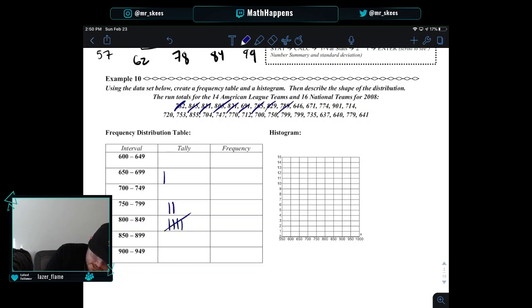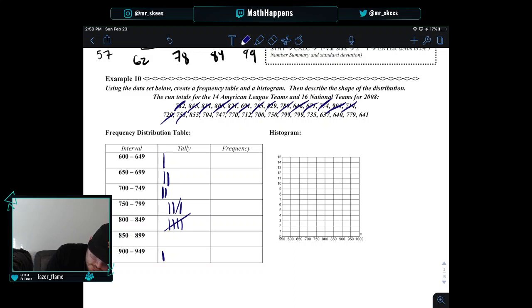That's 5. 789 goes here. 646 goes here. 767 goes there. 774 goes there. 901 goes there. 714 goes there. 720 goes there.